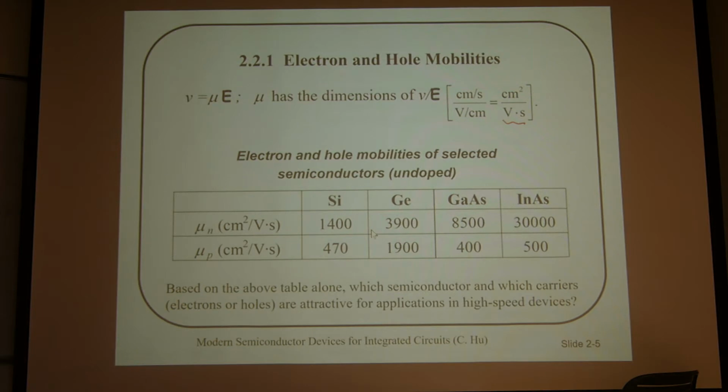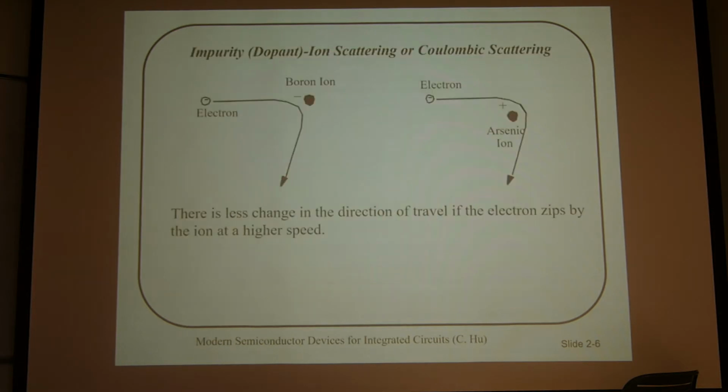Because as we see later, with doping this mobility number will decrease. Why? We talked about that last lecture. If we increase the doping, then this mobility number will drop because of scattering. With doping, you are going to introduce negative or positive charge centers.